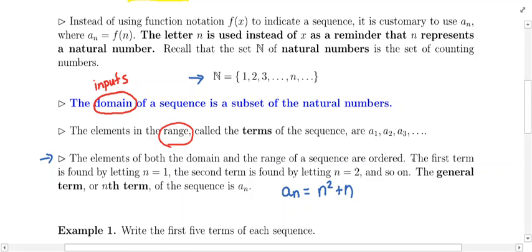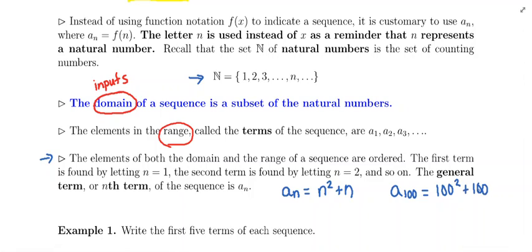If I wanted the 100th term in this sequence, for example, that would be designated a100, that's the 100th term. You get it by plugging in 100 to the rule. 100 squared plus 100. Okay, if you compute that, that would be the 100th term in the sequence. Okay, so this is basically how a sequence works. And now we're going to do some specific examples.